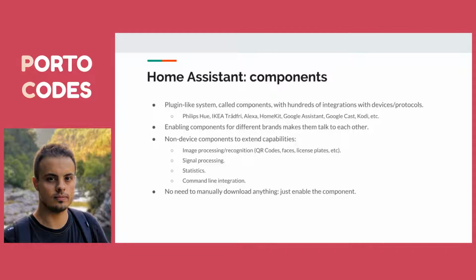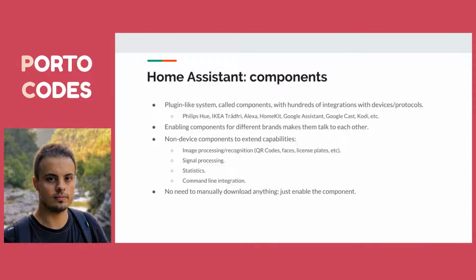So, back to Home Assistant. One of the main concepts of Home Assistant are the components. They are like plugins to Home Assistant. You can use them to connect it with your TV, with your air conditioner, with lamps.